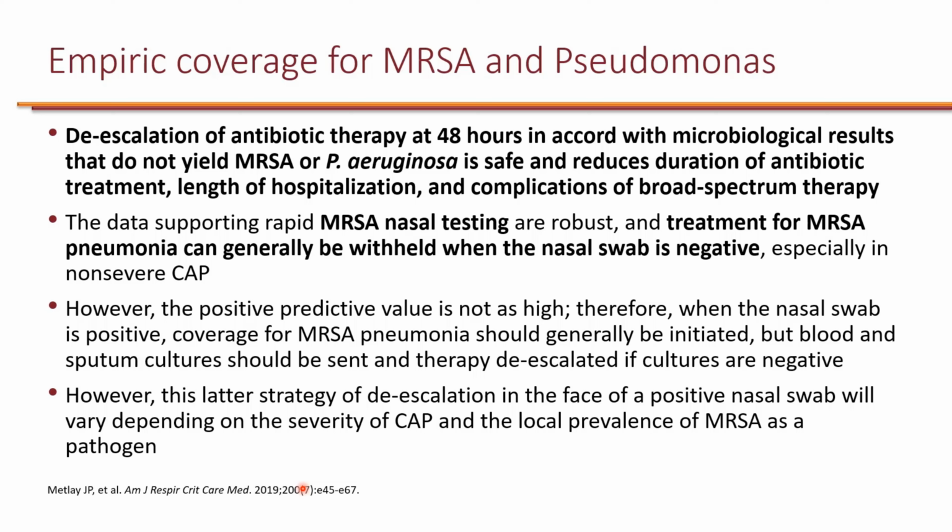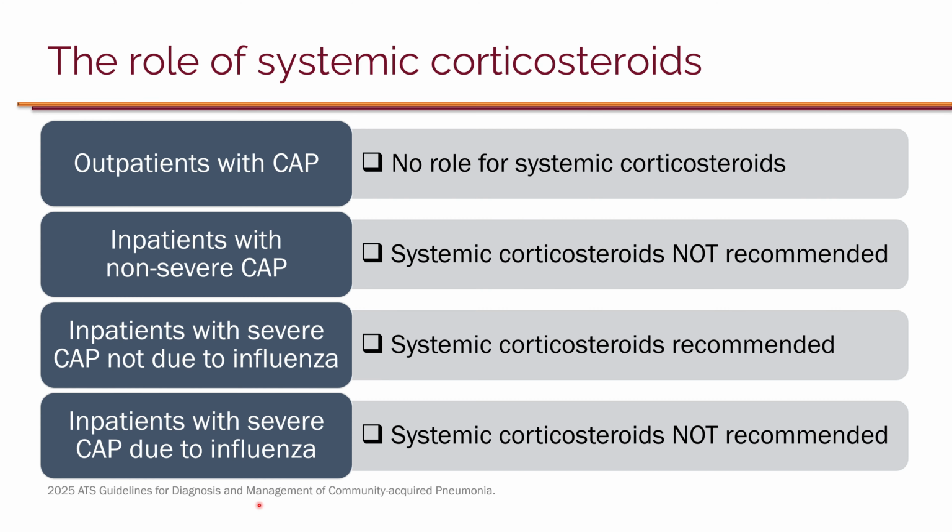In general, if after 48 hours nothing has grown as far as MRSA and Pseudomonas, it is safe to de-escalate, meaning that you can discontinue MRSA coverage and you can change the anti-pseudomonal agent to something narrower because that has been shown to be safe and it reduces duration of antibiotic treatment, length of hospitalization, and complications of broad spectrum therapy, specifically collateral damage. Now let's take a look at the role of systemic corticosteroids in treatment of community-acquired pneumonia.